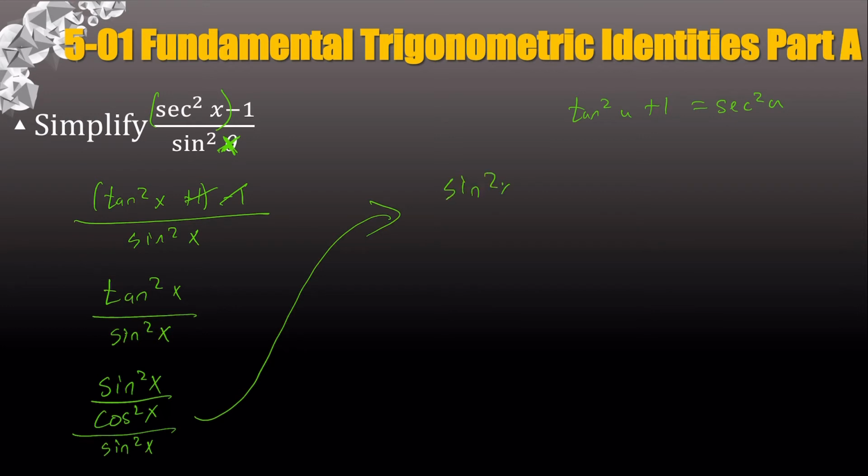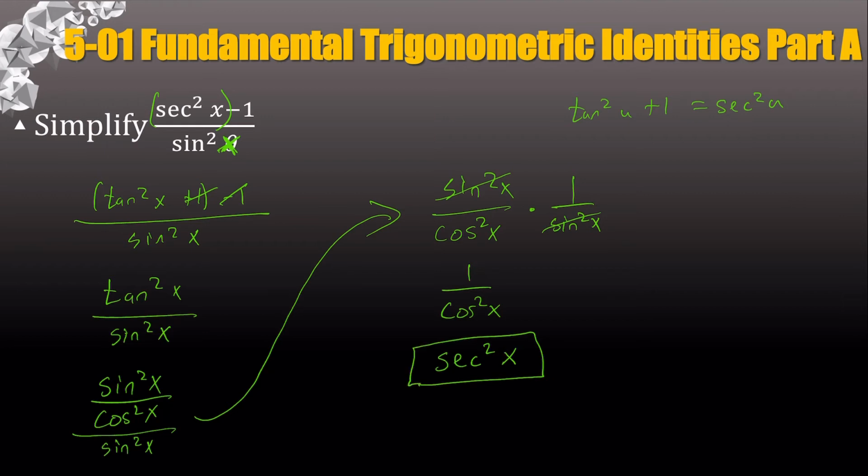We multiply by the reciprocal, so it'll be sine squared over cosine squared times the reciprocal of sine squared, which is 1 over sine squared. Sine squareds cancel out, so I have 1 over cosine squared. Oh, but wait, 1 over cosine is secant. So 1 over cosine squared would be secant squared.